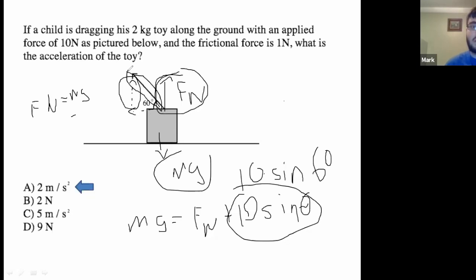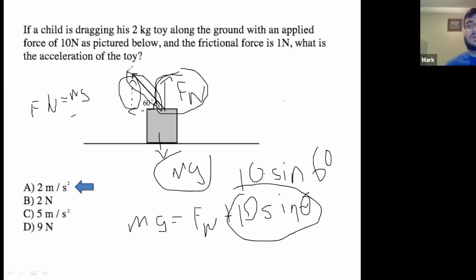Same thing if you're trying to lift something heavy. If you're just not touching it, the ground has all of the weight on it. If you pull a little bit up on something, not enough to lift it off the ground, the ground is not pushing up as much on the object because you're also pulling up a little bit on the object. So the normal force is less than if you just left it alone.